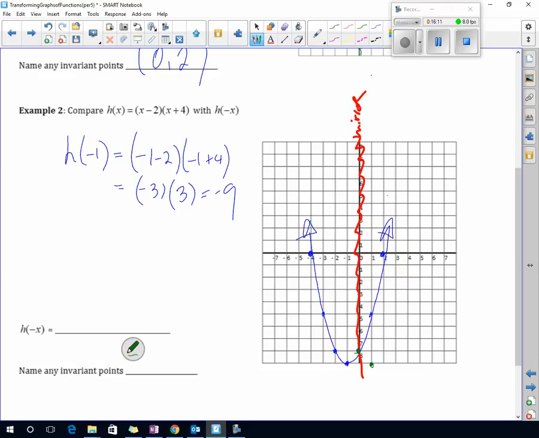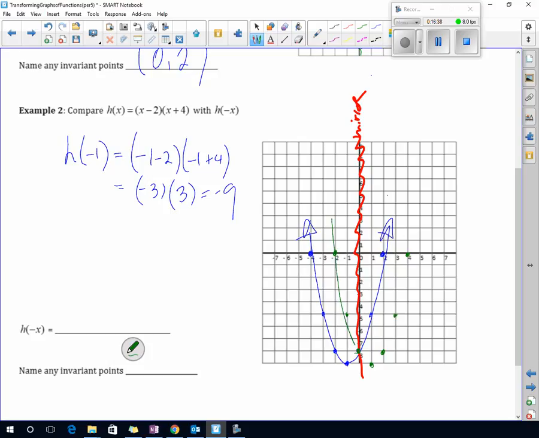Yeah, the -4 becomes +4, and the +2 becomes -2. Again, here we have 1, so we go 1. Here we have 3, so we can go 3. 1, 2, 3. So then here we go. Bada bing, bada boom. So this is h of -x, and this was h of x.